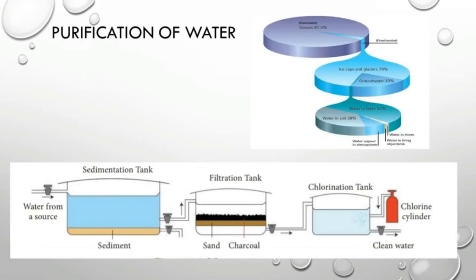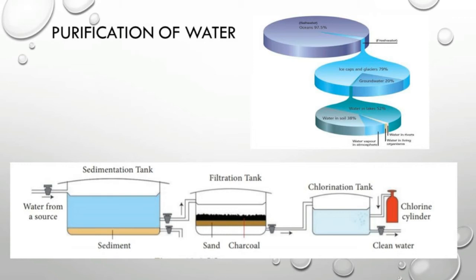Purification of water. Out of the total fresh water available on the earth, only 1% is present in water bodies such as rivers and lakes, and the rest is frozen in glaciers and polar regions. Water from these water bodies is unfit for drinking, cooking, washing, or bathing because it contains suspended and dissolved impurities.